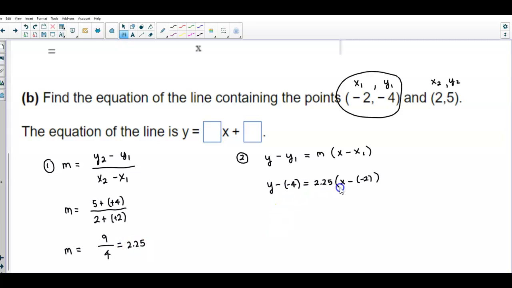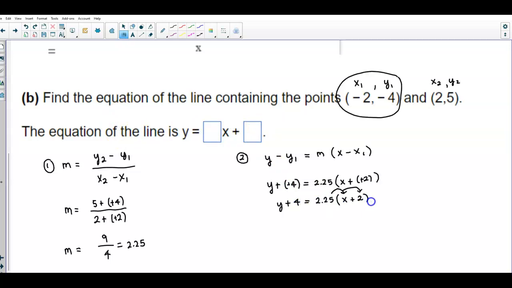Okay, now we just want to clear our signs first. So this is going to become y plus 4. And that's going to equal 2.25 times, that's going to become x plus 2. Okay, now the question is asking us to solve for y, so we need to distribute this 2.25 to both terms.